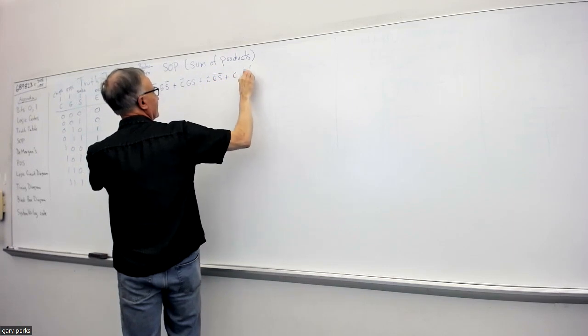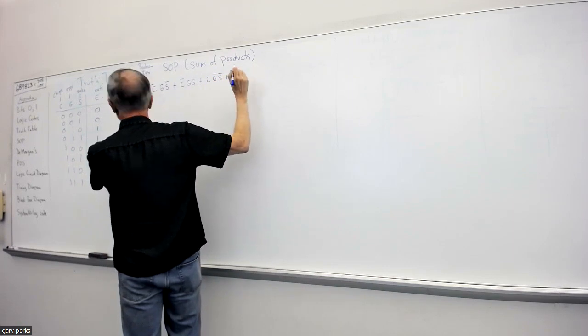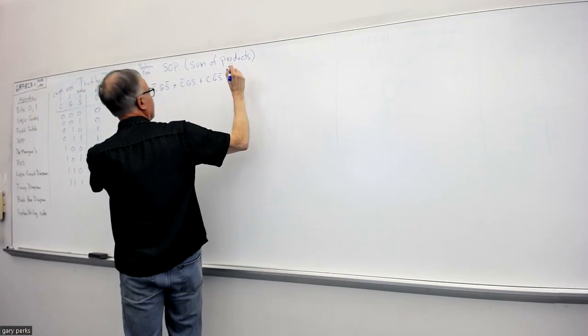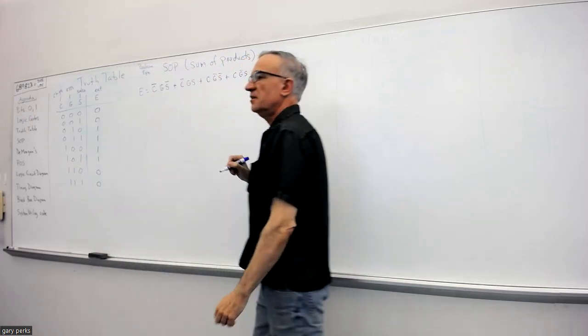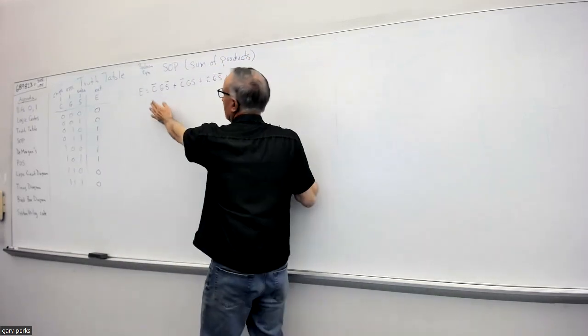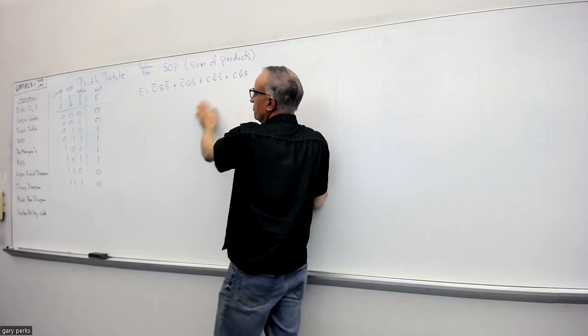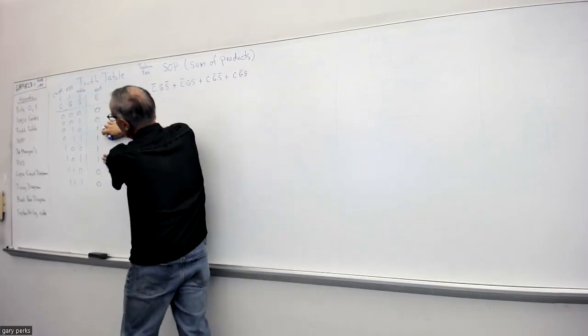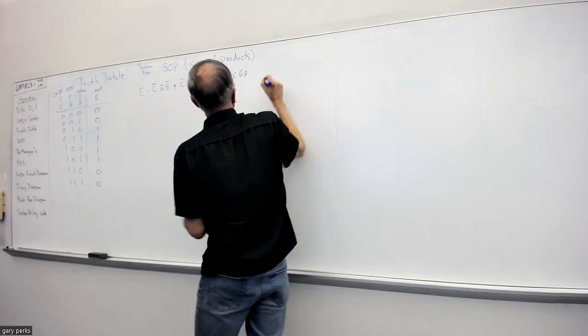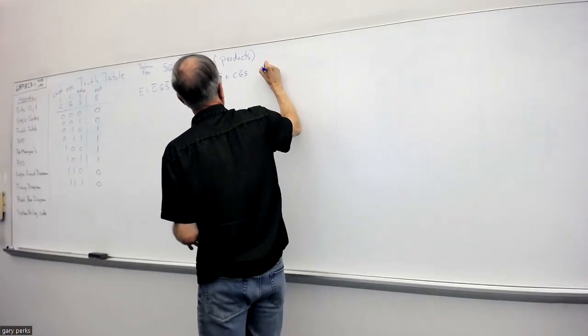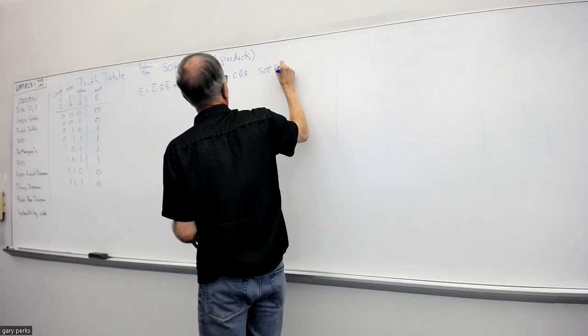I have chips and I have salsa. So you see, this equation that I just wrote came right from the truth table where the outputs are equal to 1. This is SOP for E.